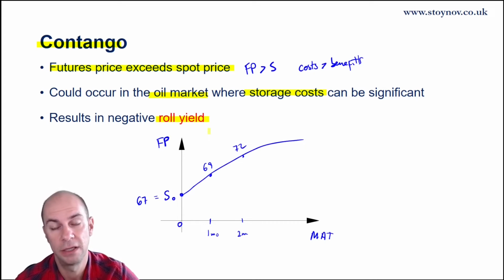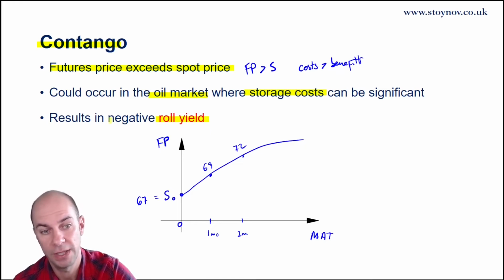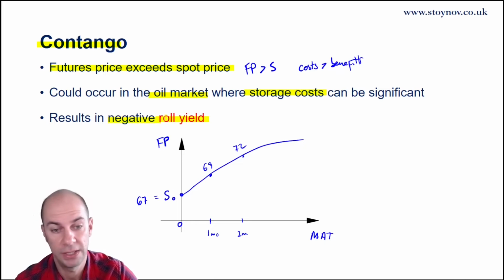So the act of closing an expiring futures contract and reopening a new 1-month contract would be known as rolling the futures forward. And so that rolling process will give us either a positive raw yield or a negative raw yield. In this case, we're getting a negative raw yield because we're in contango.